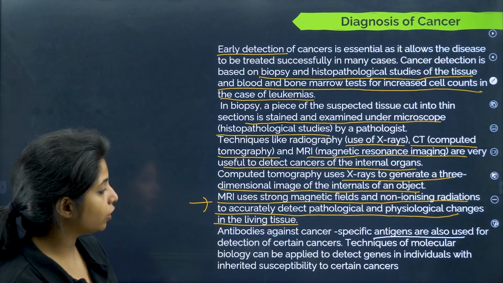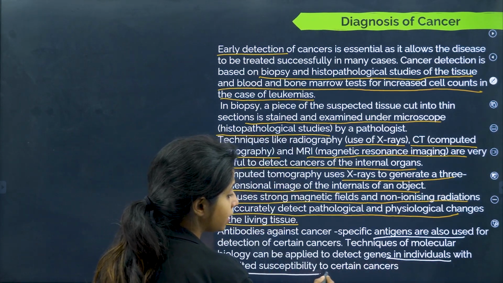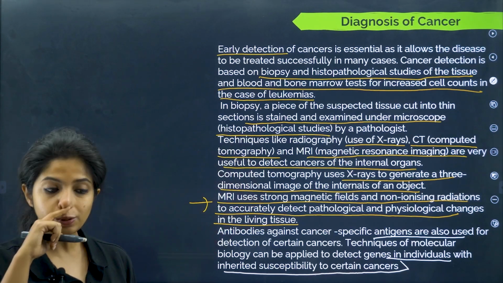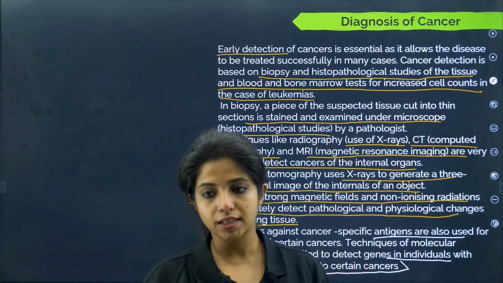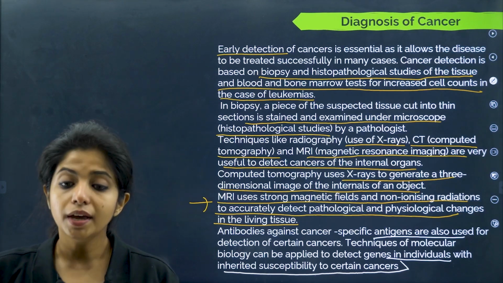Now, techniques of molecular biology can be applied to detect genes in individuals with inherited susceptibility to certain cancer. So, we know people who are having breast cancer, it is said there is high probability that their children could also have breast cancer.